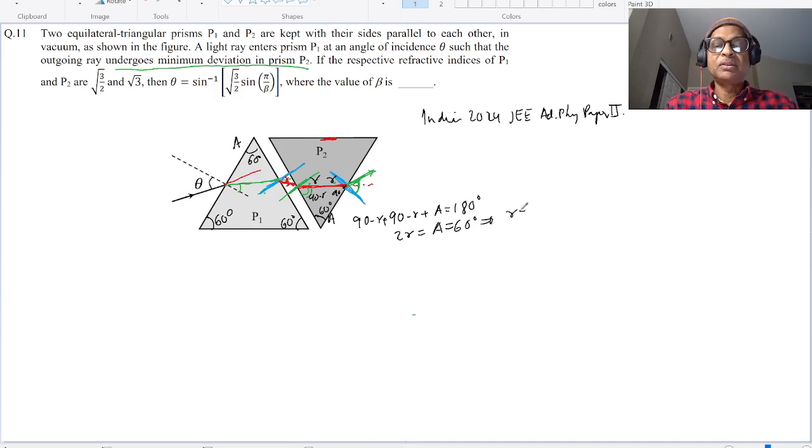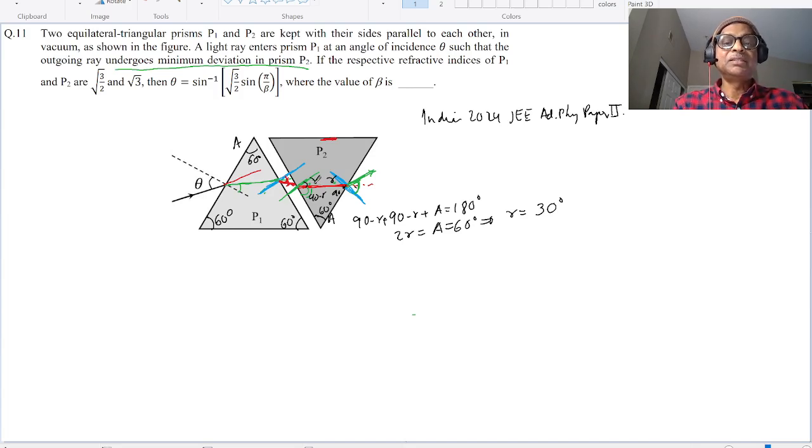So R is 30 degrees. So already this angle is known. I just have to find theta, we just have to trace from here. Don't get lost over here about what this angle is and how much the deviation is, no need to worry about that.